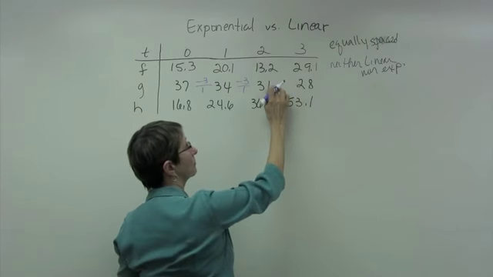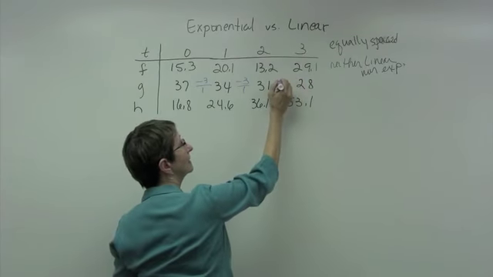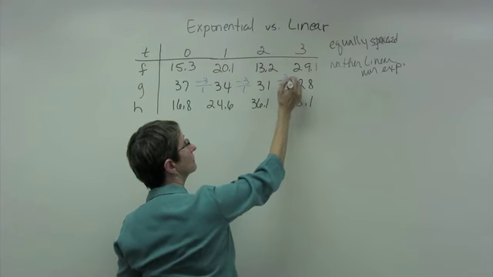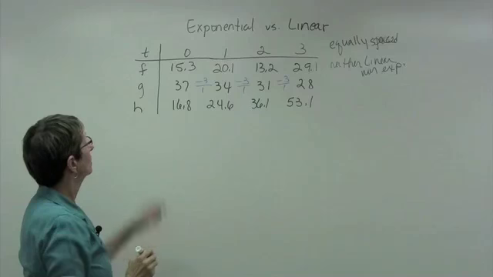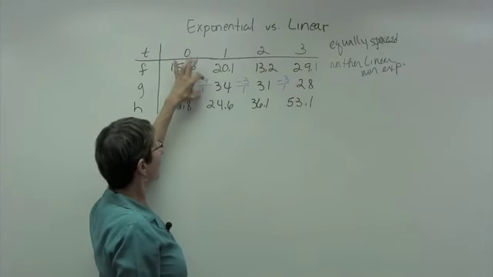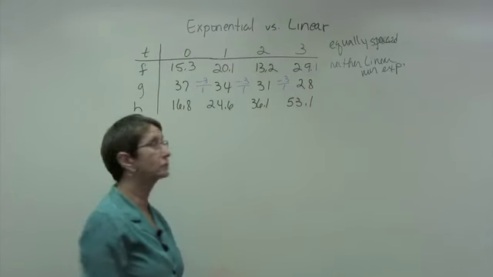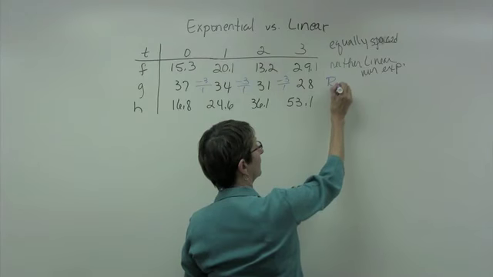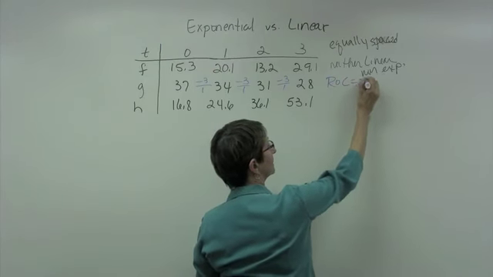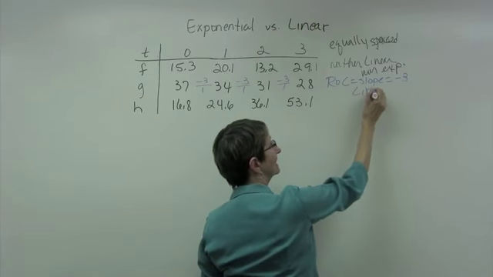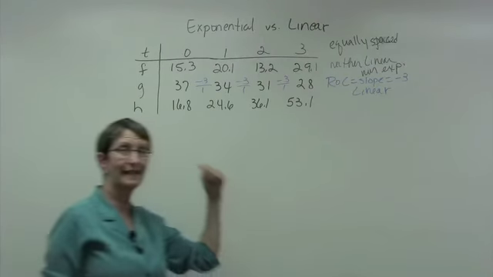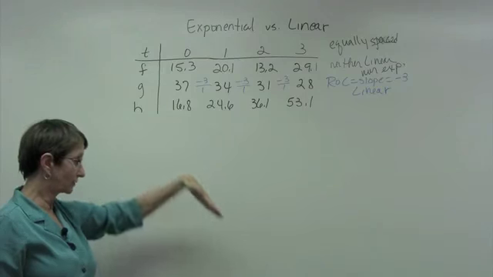And the same here, from 31 down to 28 is negative 3 for the output and a positive 1 unit for the input. So there's a constant negative 3 rate of change. So our rate of change, which is slope, equals negative 3. That means this is linear because it has a constant slope. This one decreases.